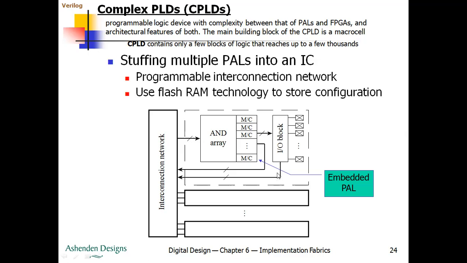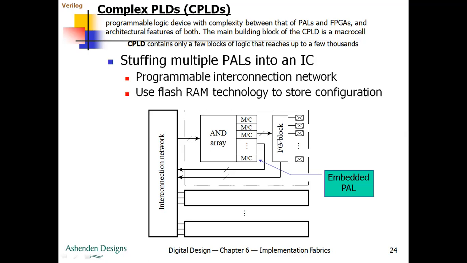Regarding this flash RAM, it is used to store the bits. Using these bits, we can configure the multiplexer and AND gate array, and also program the IO blocks. In this diagram, the programmable blocks are the multiplexer, the AND arrays, and the IO blocks.